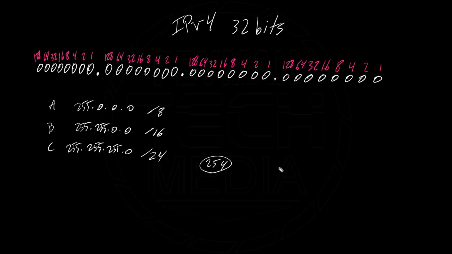If we have an accounting department with only 16, or human resources with only 8 employees, and in sales we have only 24 employees or computers, we need IP addresses, but we don't want to use 254. So it is better to use a classless subnet mask, not the default subnet mask.